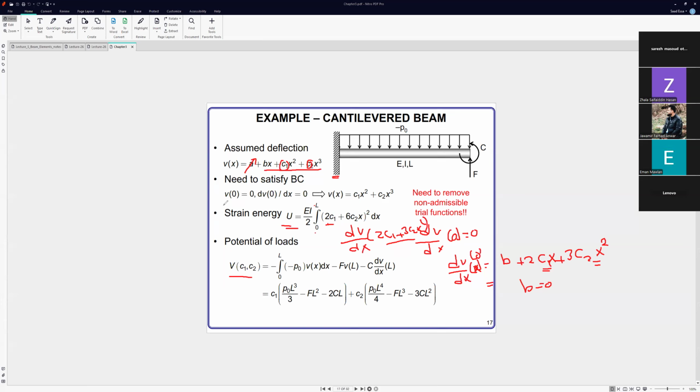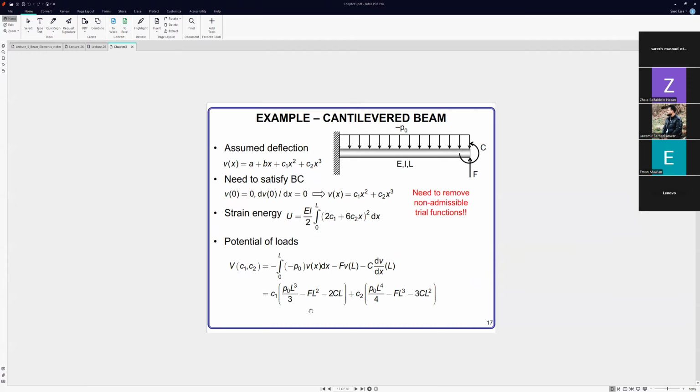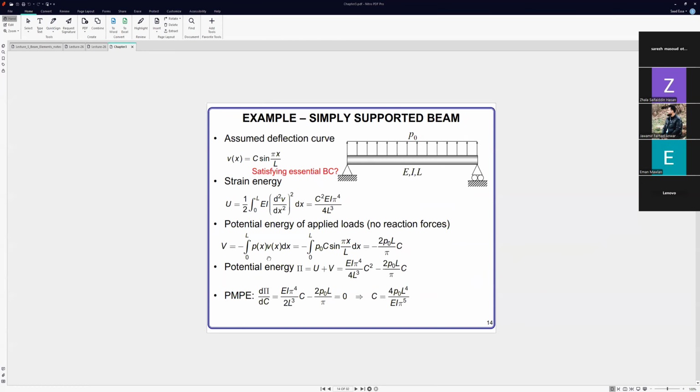Now, in the strain energy, if you go back to the strain energy equation, let's find it.